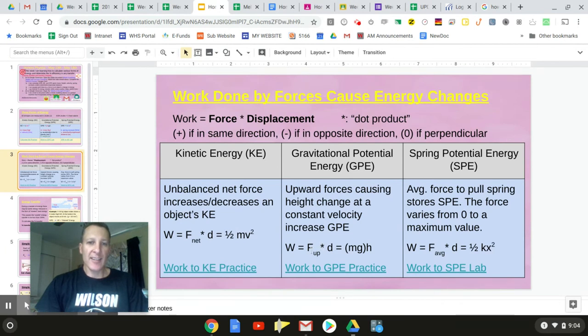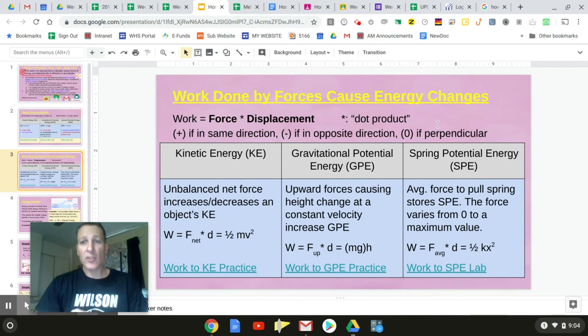And you can see that these give you the same thing, because your upward force is equal to the weight of the object, and the distance it moves is just the height that it gains. All right. So you can see the equation here is just matching those two together.